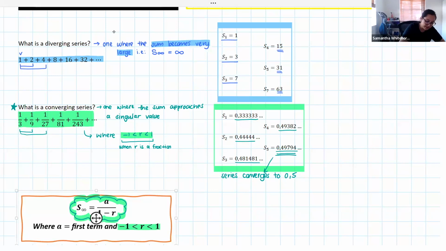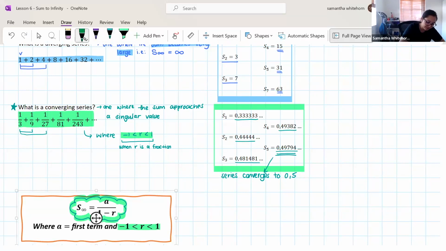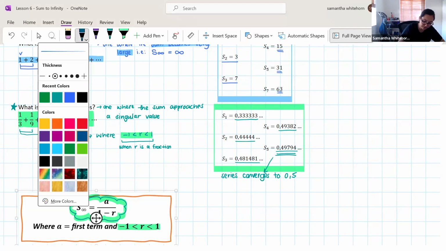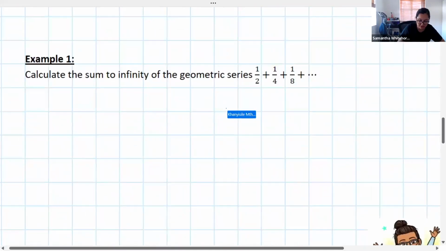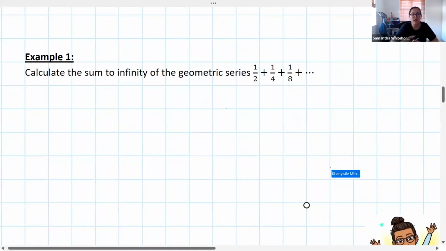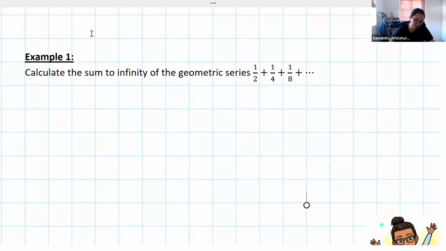Alrighty, so let's have a look at an example. If I look at my first example, I am saying calculate the sum to infinity of this geometric series.